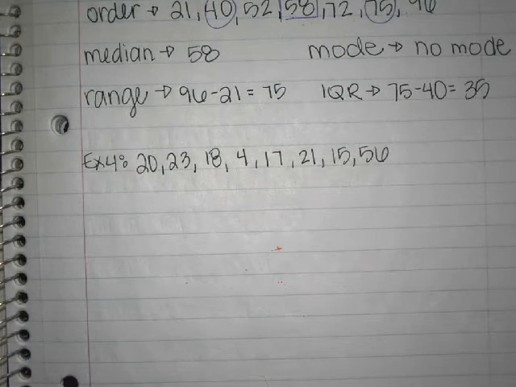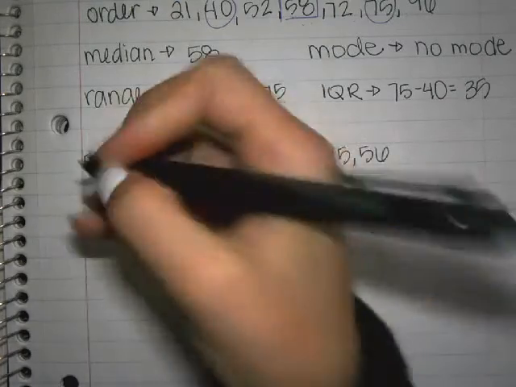So 20, 23, 18, 4, 17, 21, 15, and 56. You and your partner find the mean, the median, the mode, the range, and the IQR, and we'll go over all the answers together. Got it? Go. Alrighty, here we go.